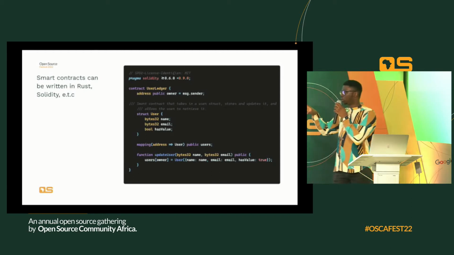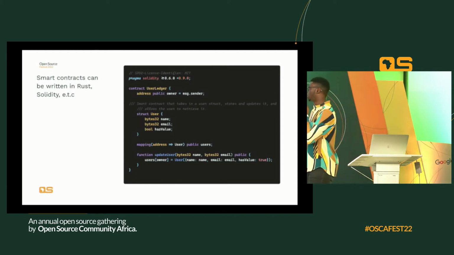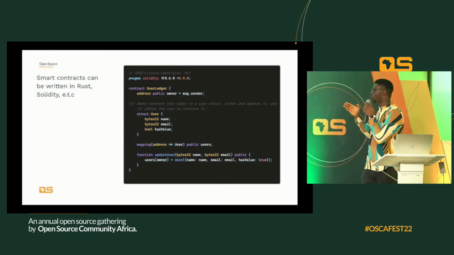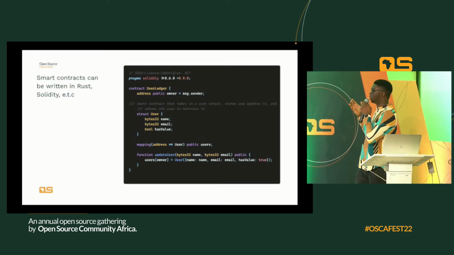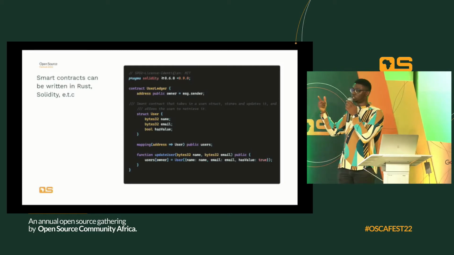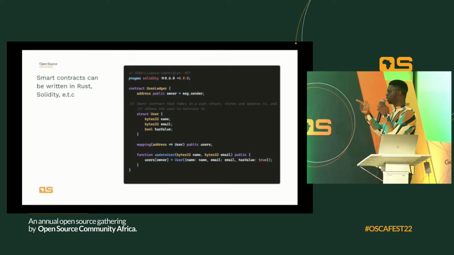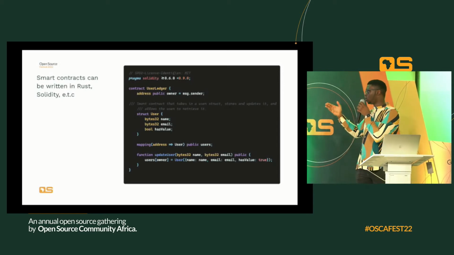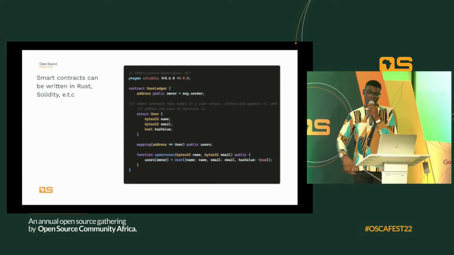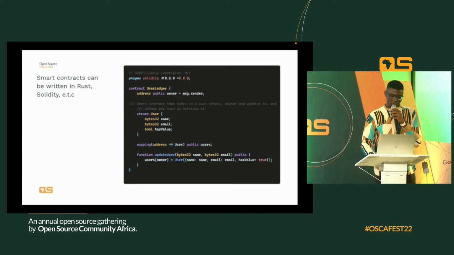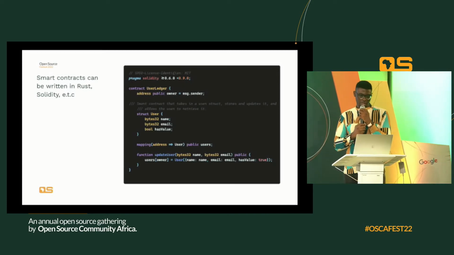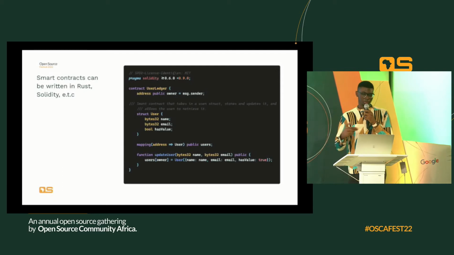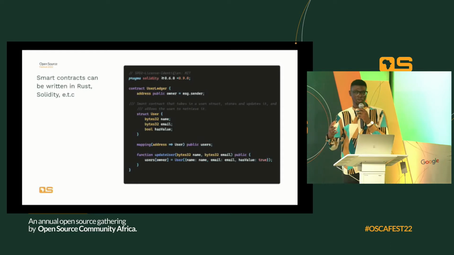This is a smart contract written in Solidity that basically just takes in a user's name, a user's email, and an option that the user has updated that email, and basically just returns the user object and saves it to an array of users. So for you to be able to write smart contracts, you first of all have to study or understand Solidity or Rust. I think there's another language that enables you to write smart contracts, but the two popular ones are Solidity and Rust.